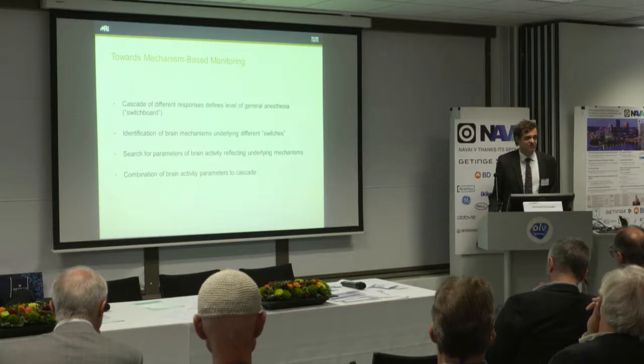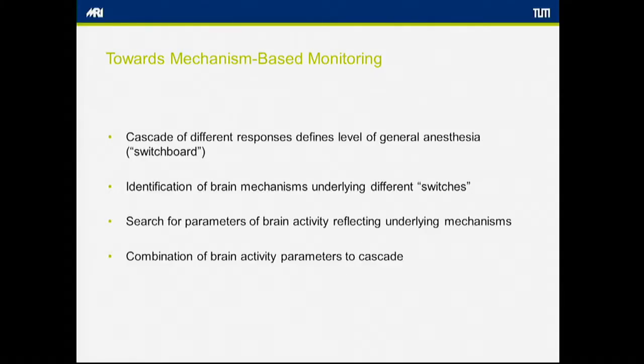At deeper levels, we are just at the beginning. There are some experimental data, but these have to be analyzed in volunteers and patients, and then we will end up with a cascade and different levels of anesthesia rather than a continuum as we see it at the moment. Thank you.